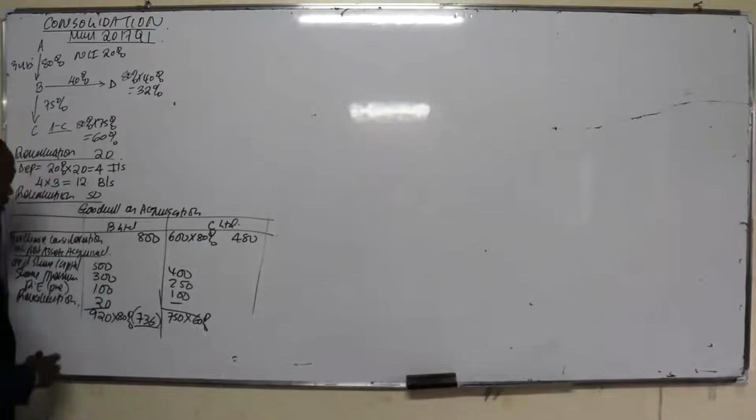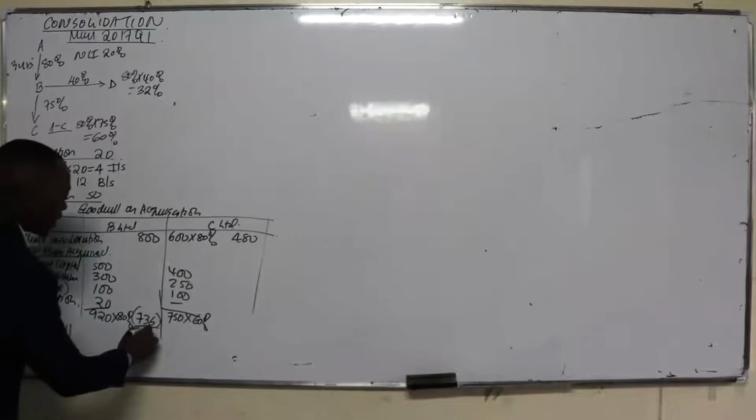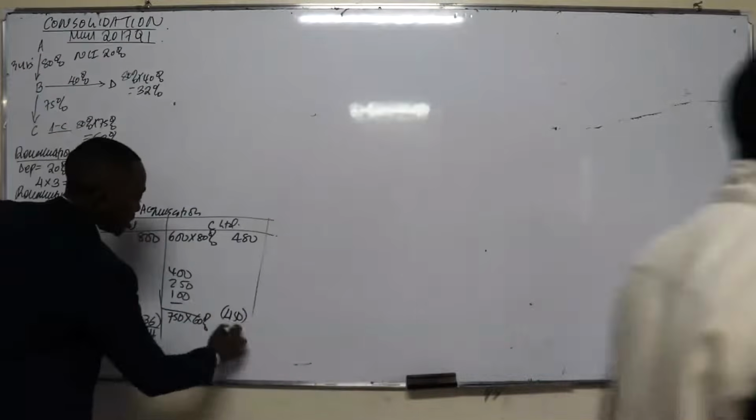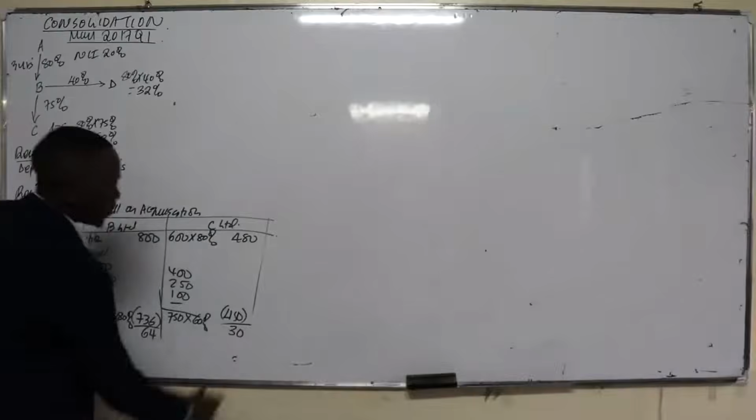Seven, that's 6. So we can have goodwill. So when you get 64, 450. So we have a goodwill of that.